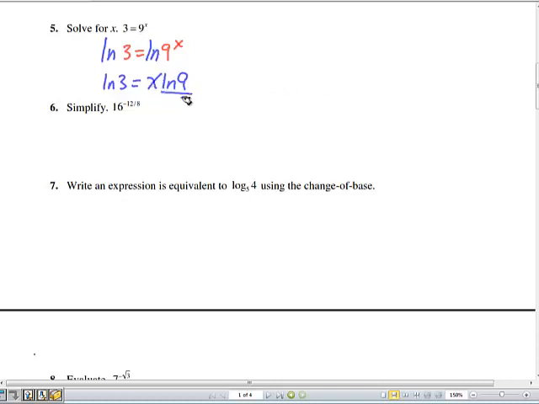In order to finish this, I'm going to divide both sides by log of 9, and I get x is equal to the log of 3 over the log of 9 because yes, this is cancelled. And using my calculator to finish this off, I get, let's see, natural log of 3 divided by natural log of 9.